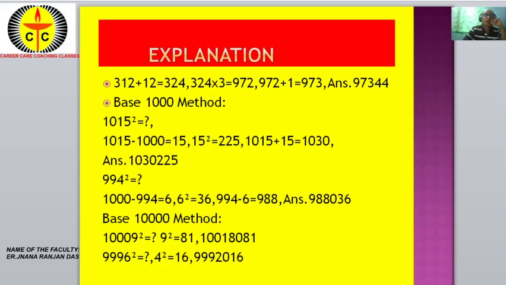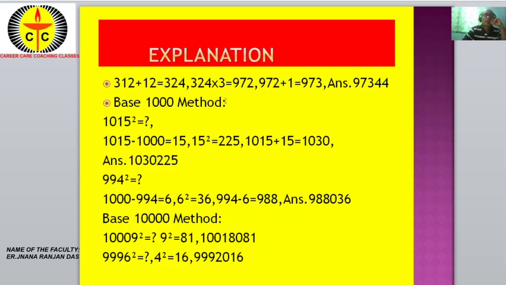Then we add 12 with 312. This becomes 324. Then as it is the 300 base method, we multiply 324 by 3, which becomes 972, and add carry 1, that becomes 973, and your answer is 97,344.